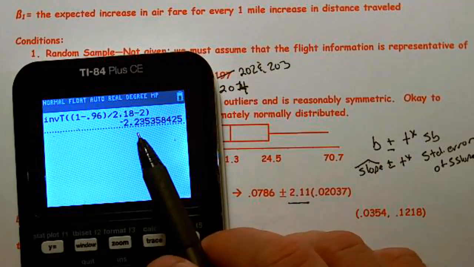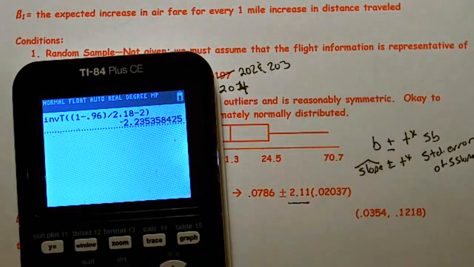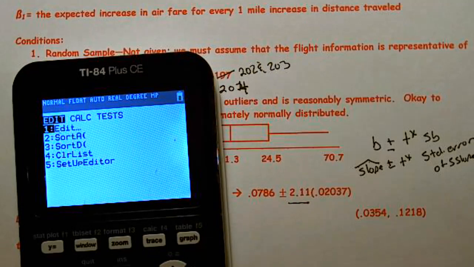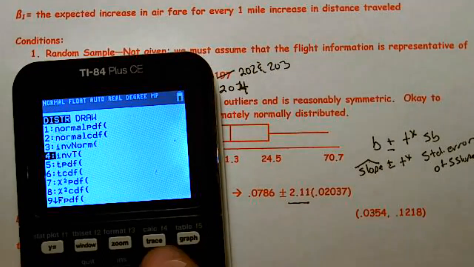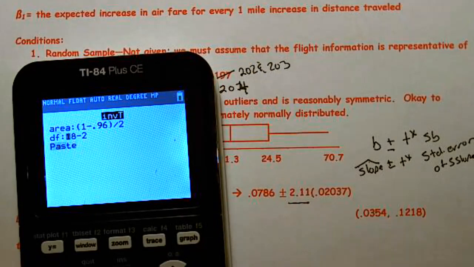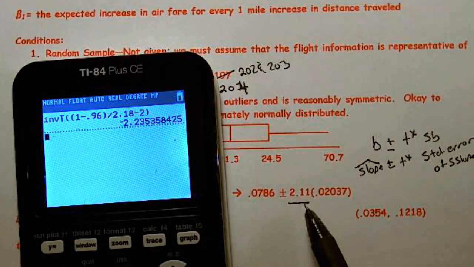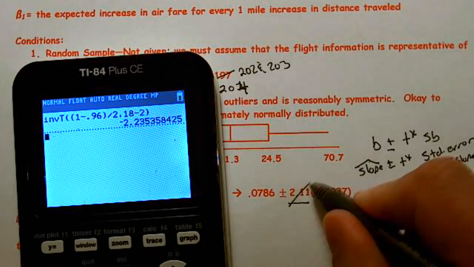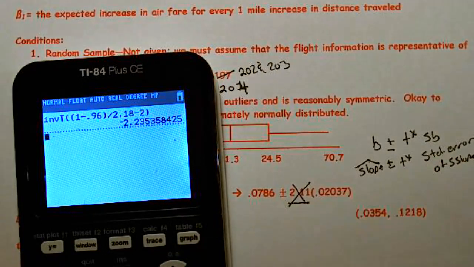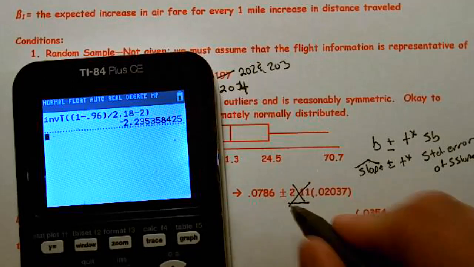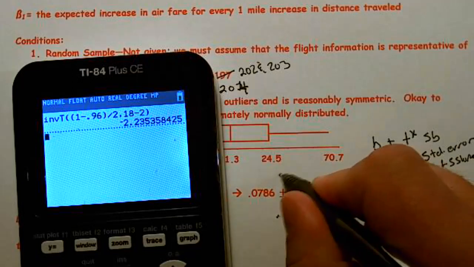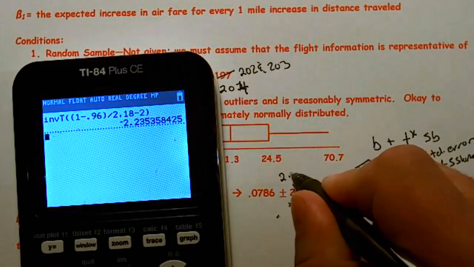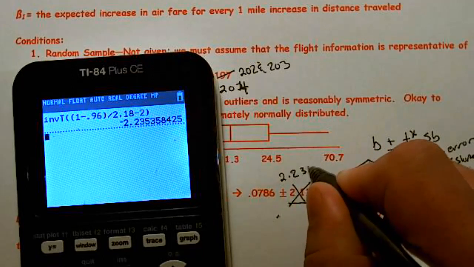18 minus 2, that appears to be correct, but I'm going to run it one more time. Second vars, inverse t. Yep. All right, so this value right here appears to be incorrect. So I need to make an adjustment to that and make that a positive 2.235.